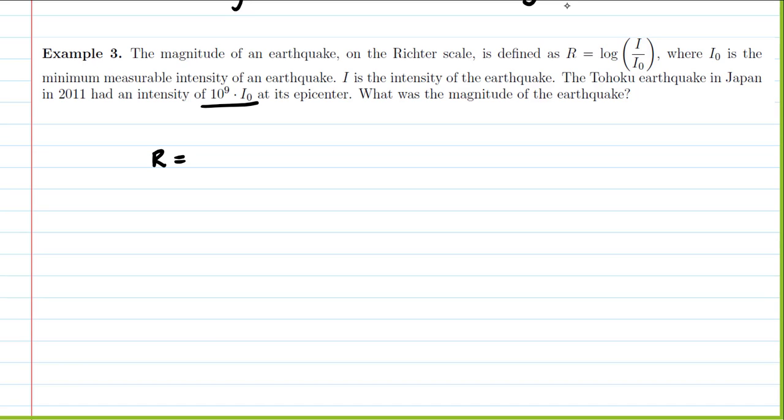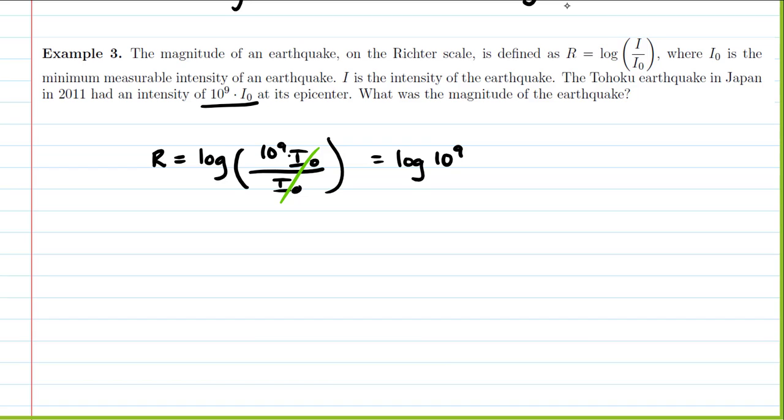So R is going to be the logarithm of 10 to the 9th times I naught divided by I naught. The I naughts would reduce out, and we just get the logarithm of 10 to the 9th power. So what is the logarithm of 10 to the 9th power going to be? Well, what's the question that it asks?